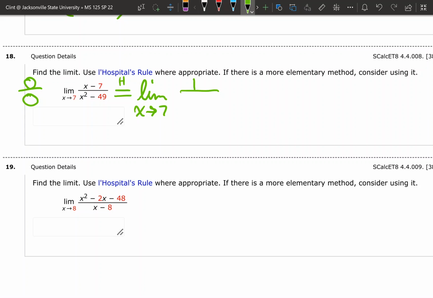The derivative of x squared minus 49 is 2x. Then if we try direct substitution, what would we get? 1 over 14. Okay, so that works.